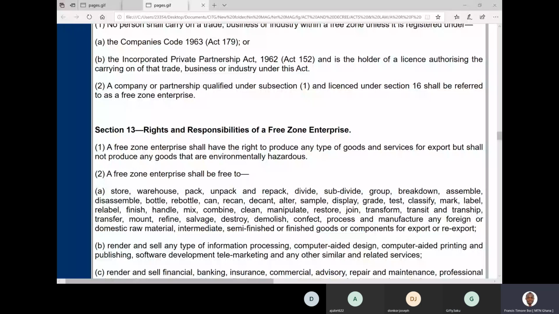So we are saying that for all those environmentally hazardous products, you can't go and set up there and say you are producing them. No. So when you're advising your clients who come to you, they can produce everything. And it is not only goods, it's goods and services for export. And the purpose is for export.